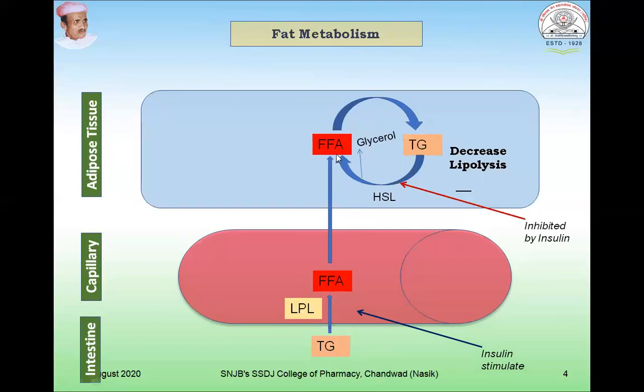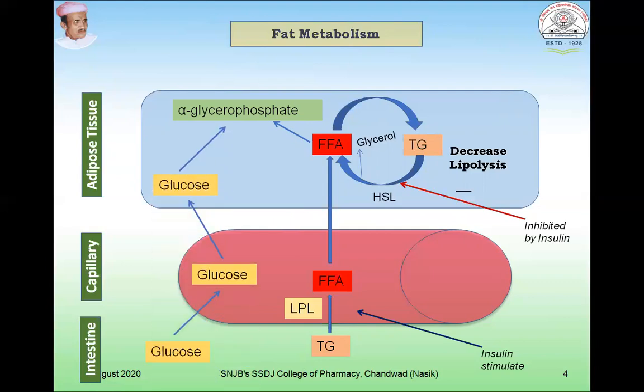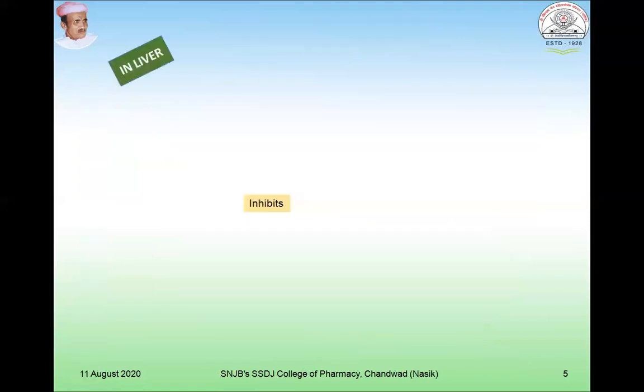More free fatty acid is available in adipose tissue, and again the triglyceride is formed. Then this free fatty acid is immediately esterified to alpha glycerophosphate in adipose tissue, which is also induced by insulin. So again, the glucose molecule also stimulates this process and forms the alpha glycerophosphate.